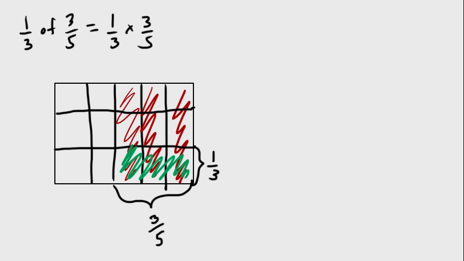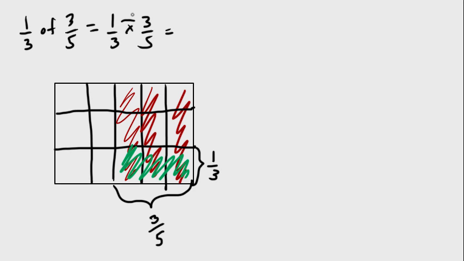Well, what does that 3 mean? We can look at it as one of two things. We can look at it as a 5th, or we can look at it as 3/15, right? Because if we count all these boxes up, we have 15. 3 of them matter to us because that's a third of what we have available to us. So it would be 3/15, right? So 1/3 of 3/5 is equal to 3/15.